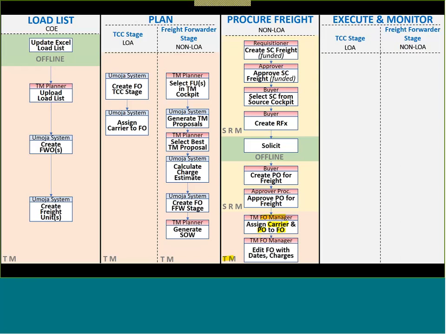And if there are changes in terms of dates, we can still do that by editing the freight order, and we will need to indicate the real charges. Once we have the real cost of that freight, we will edit the freight order with the actual charges, so that we can always compare the estimated charges with the actual ones.